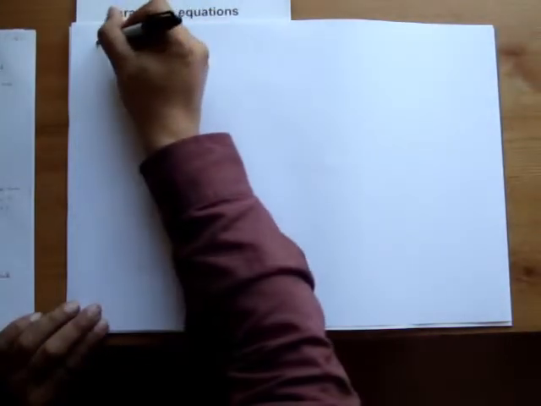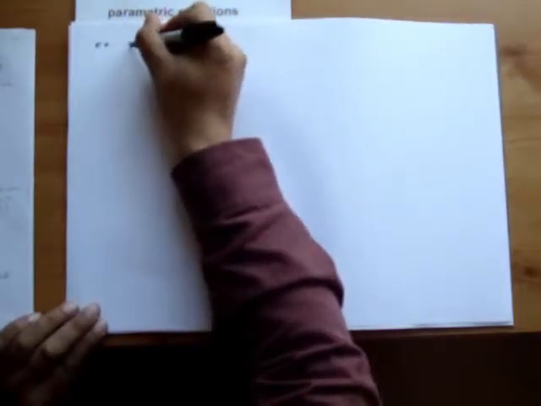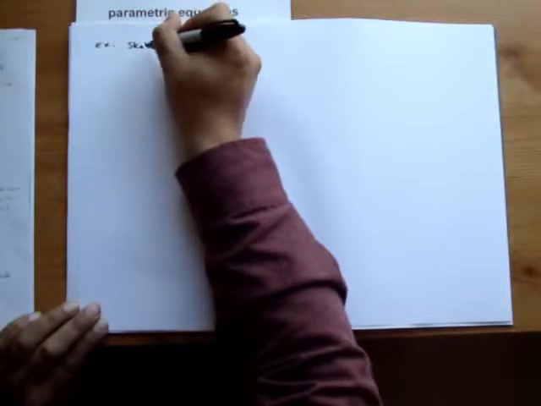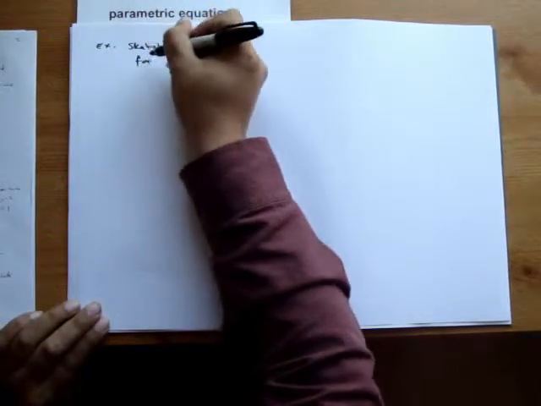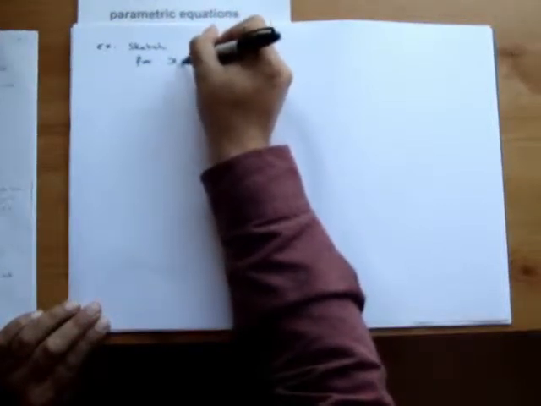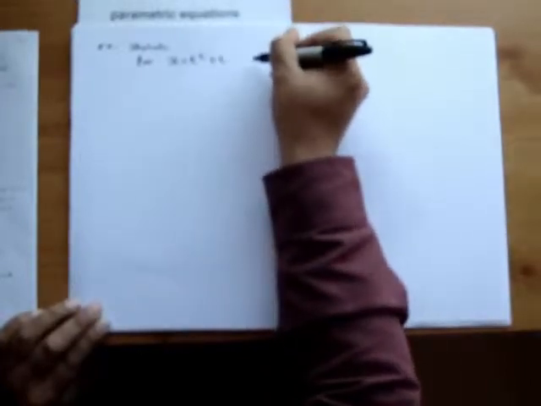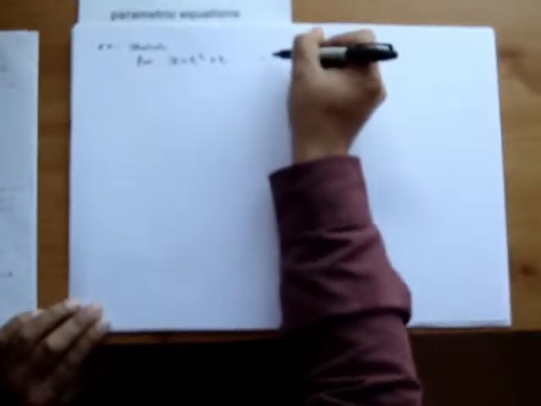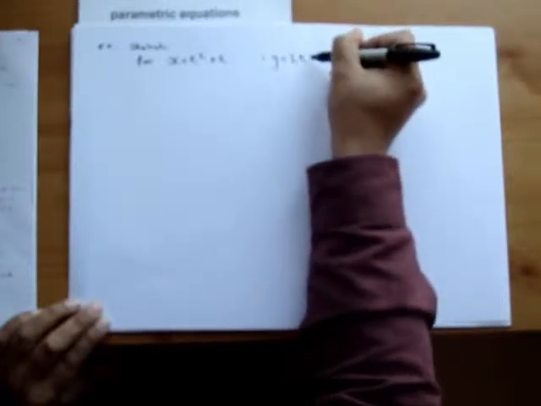Okay, so let's have a look at another example. Sketch the parametric equations x equals t squared plus t and y equals 2t minus 1.